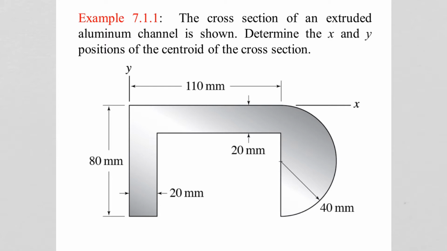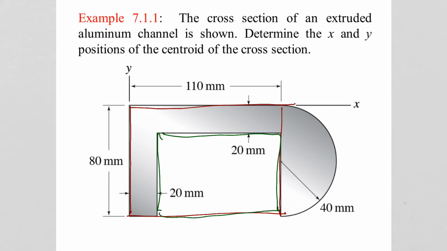And there's multiple ways of setting this up. One way to do this is I could have a rectangle here on the outside as a shape. I could then subtract the green rectangle from it. And then I have this semicircle side here.